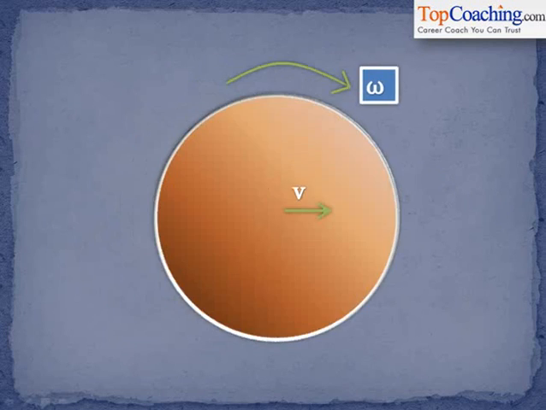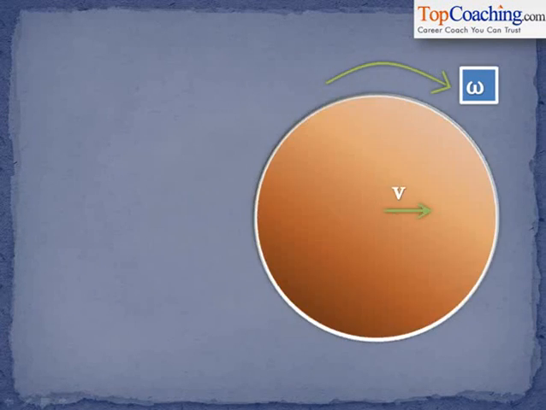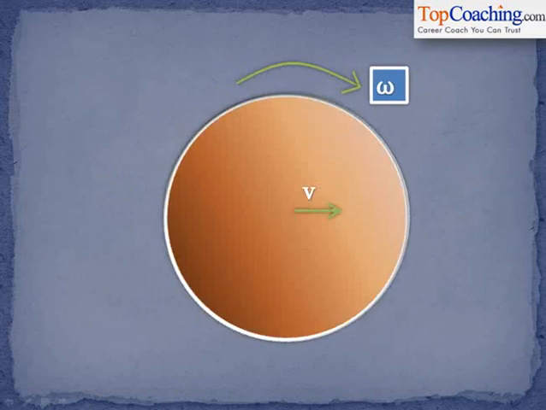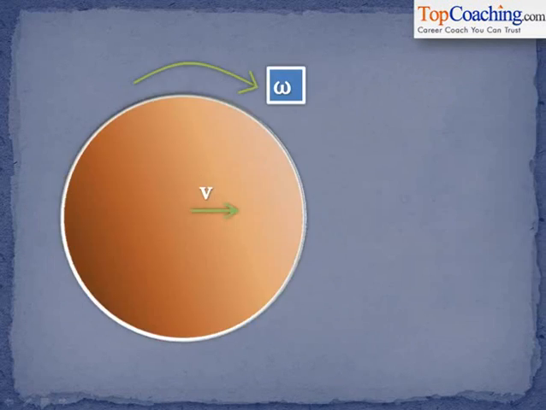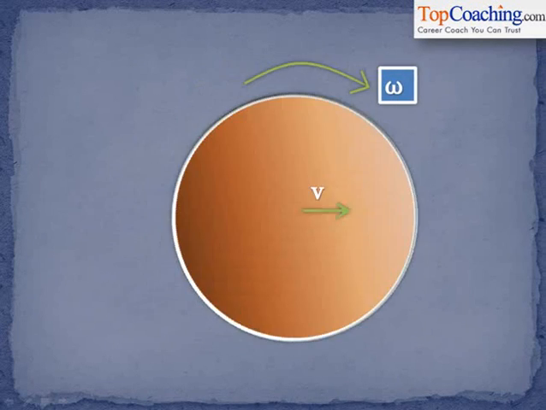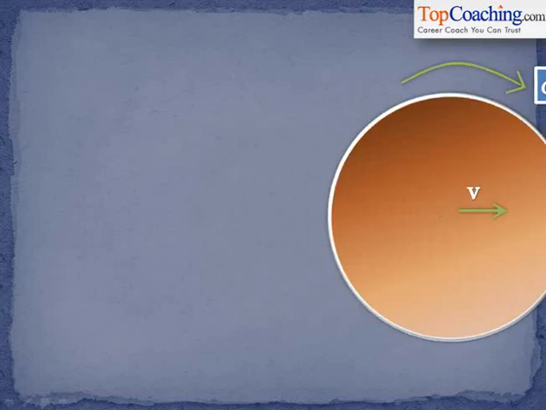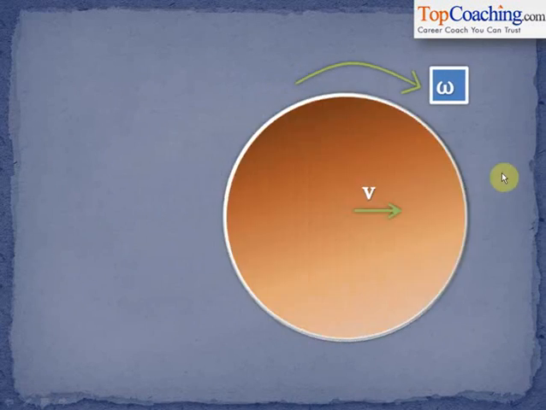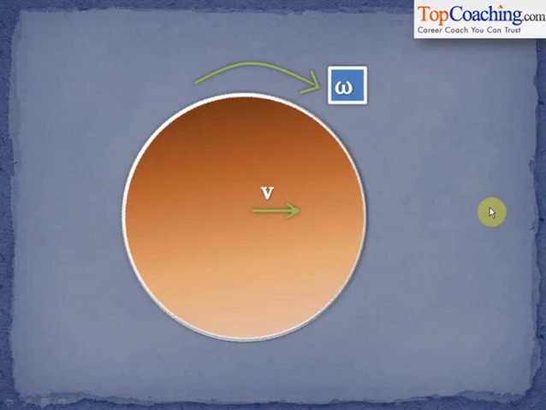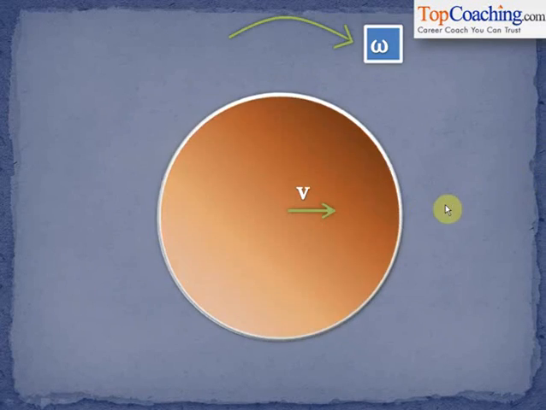You observe that the wheel is rotating with an angular velocity omega and it is also moving forward with a center of mass velocity v, isn't it? So in general, whenever we see bodies rolling as well as moving forward, they have an angular velocity also and they have a translational velocity also. In this case, let us study the exact velocities of different points of this rotating wheel.